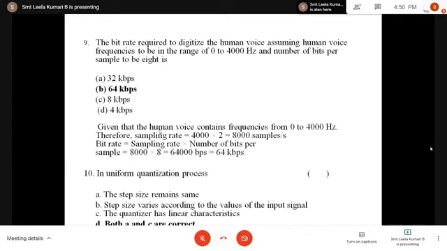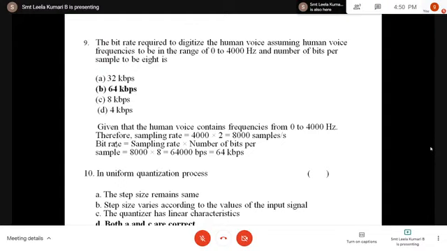The given data is the human voice contains frequencies from 0 to 4000 Hz. That means the maximum frequency component is 4000 Hz. So fm is equal to 4000 Hz. Therefore, the sampling frequency, that is Nyquist rate, is twice the maximum frequency, which is equal to 2 into 4000. That is 8000 samples per second.